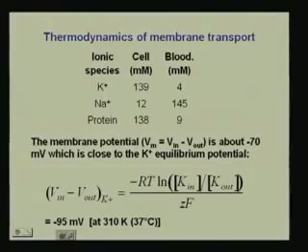Okay. So, now this is what we have for the potassium. We worked it out for the sodium. For the sodium, it came out to be 67 millivolts. Here it is minus 95 millivolts at 310 K, that is 37 degrees centigrade, which is normally where you would do all your biological calculations. The pH is 7.4 and 37 degrees centigrade.